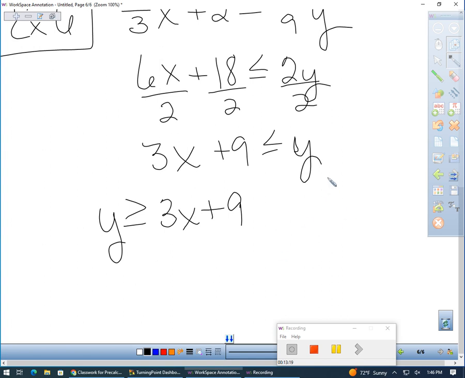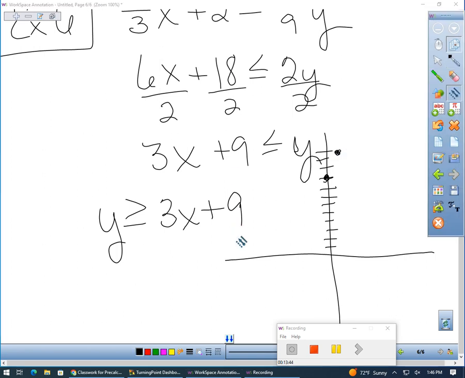Okay, and if we were going to graph this, and we'll just do it kind of quickly, where would we start? At 0, 9 on the y-axis. 6, 7, 8, 9. And then our slope, of course, is 3. So we're going to go up 3 and over 1. Is this going to be a solid or a dashed line? Solid, good, because it's got that equals underneath it.